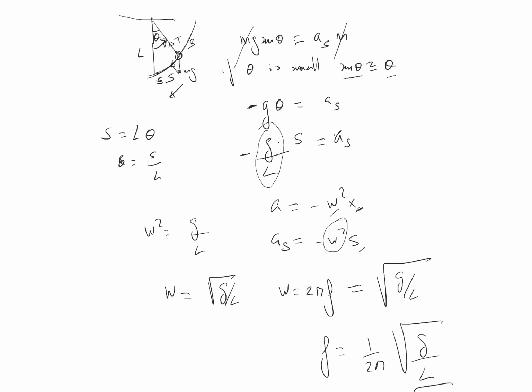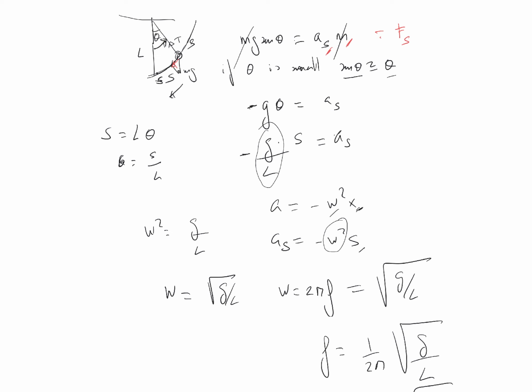So what I have said is that the force causing the motion along the circle is mg sine of theta. This force is the force in the s direction, and the force in the s direction is the mass times the acceleration in the s direction. The force is mg sine of theta.